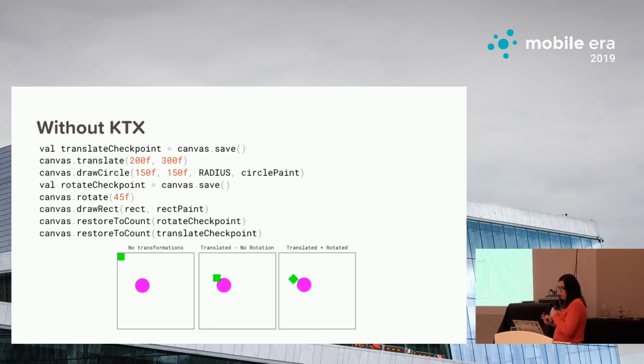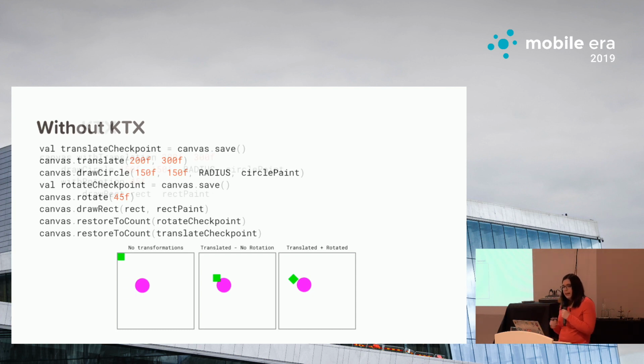So taking a look at a little bit more of a complex example, here we have a square or a rect and a circle, and now we have the save and restore happening at a few points. So we first translate, then we draw the circle, then we rotate the canvas, then we draw the rect, and then we restore the canvas to certain points. In my opinion, this is a bit harder to know exactly where the rect will be drawn.